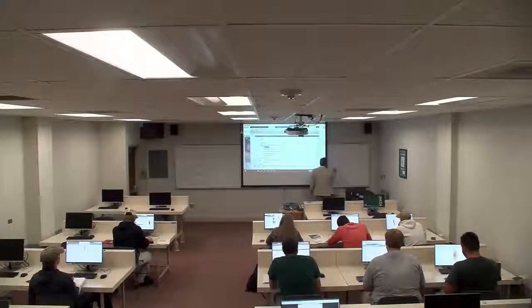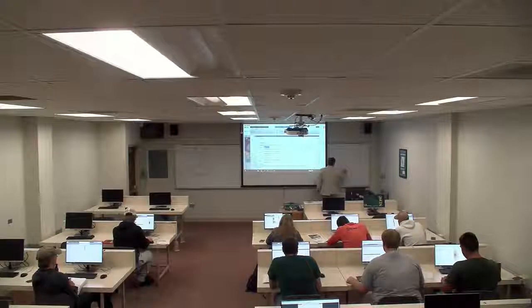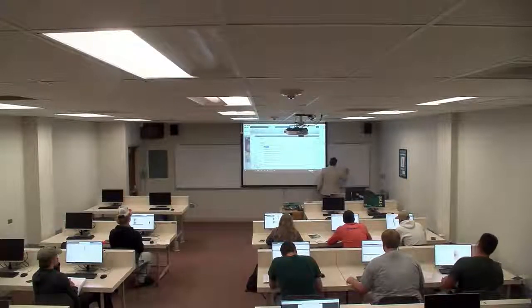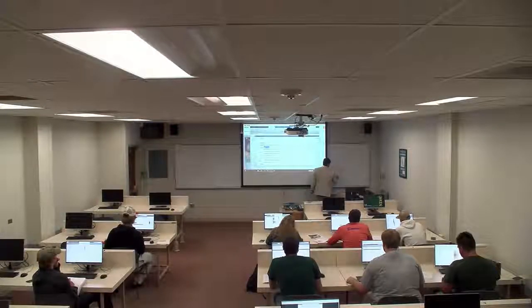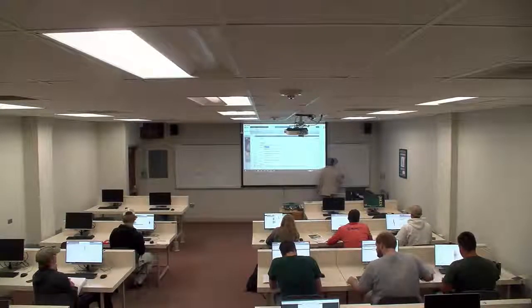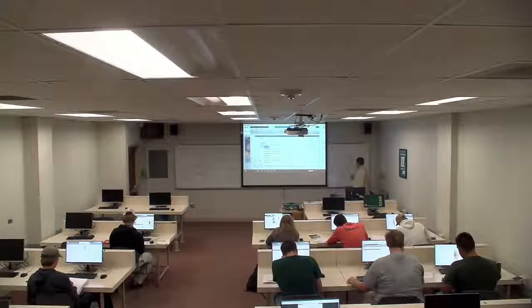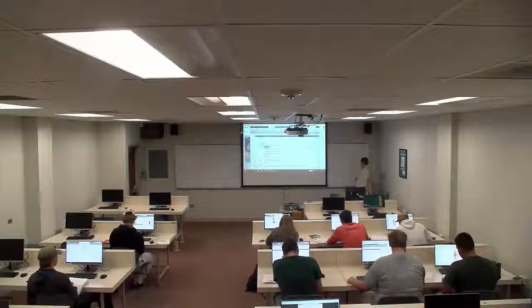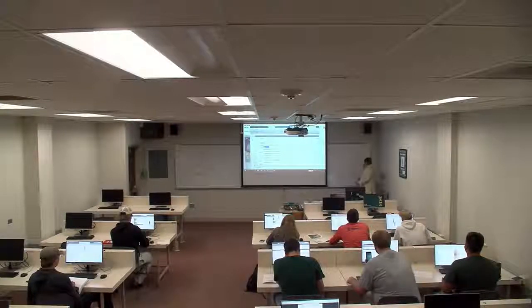a1. 1 over L integral from 0 to L dx cosine 2πx over L. Again, we split it into two intervals: 1 over L from 0 to the half interval dx cosine, plus integral from L over 2 to L dx cosine of something.